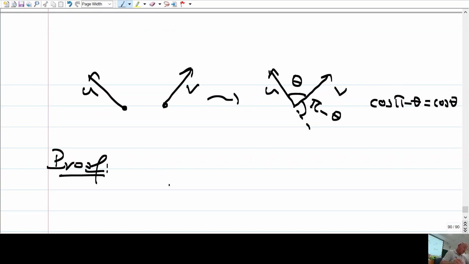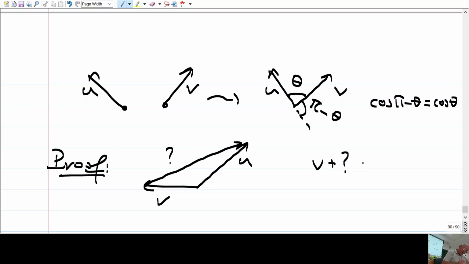Okay, suppose we have this vector v and the vector u, and what is this vector? Whatever this is, right? v plus this vector is equal to u, right? Because u starts from this point and ends at this point, and I have here v plus this question mark is equal to u.